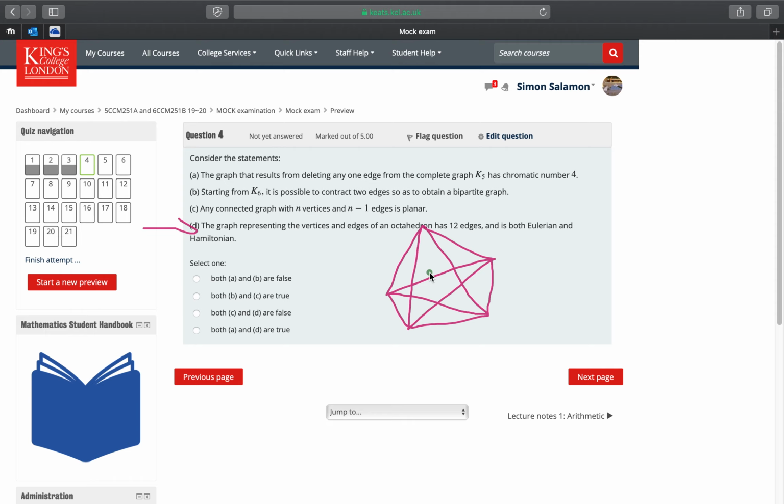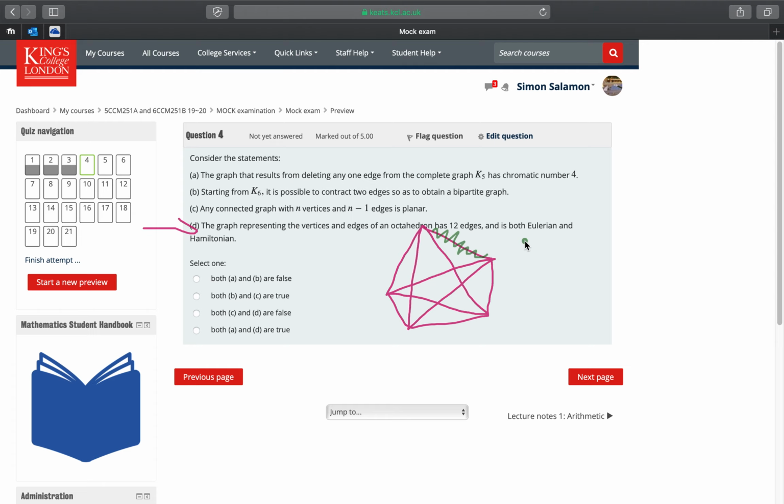Now we're going to remove any one edge. All the edges are somehow equivalent, so it doesn't matter. I don't have an eraser, but let me remove this edge here and try and imagine colouring the 5 vertices of that graph.